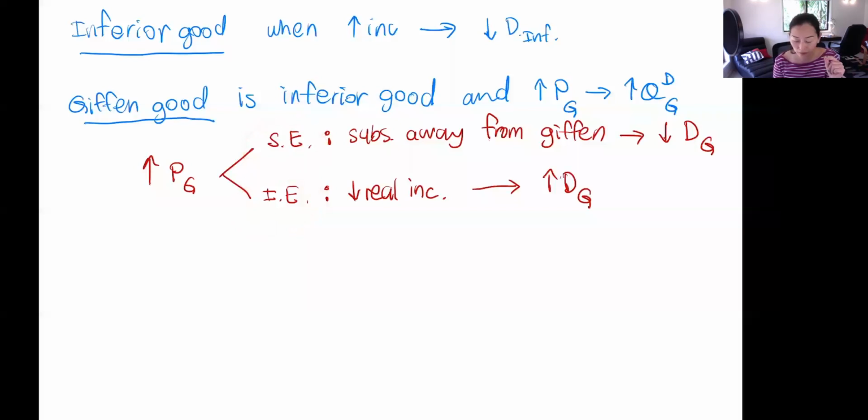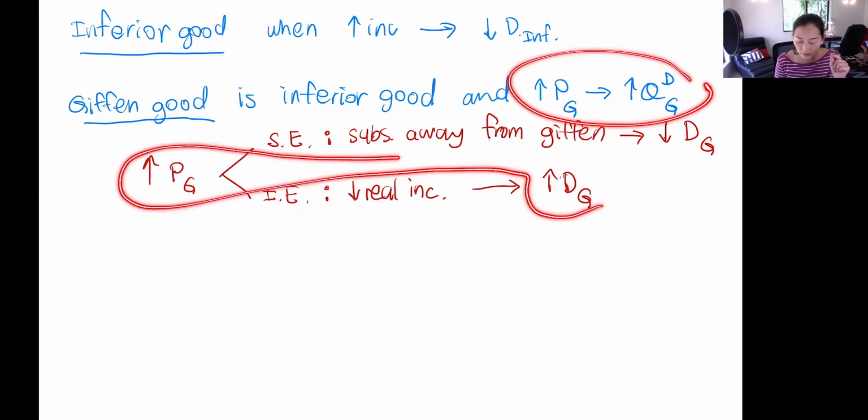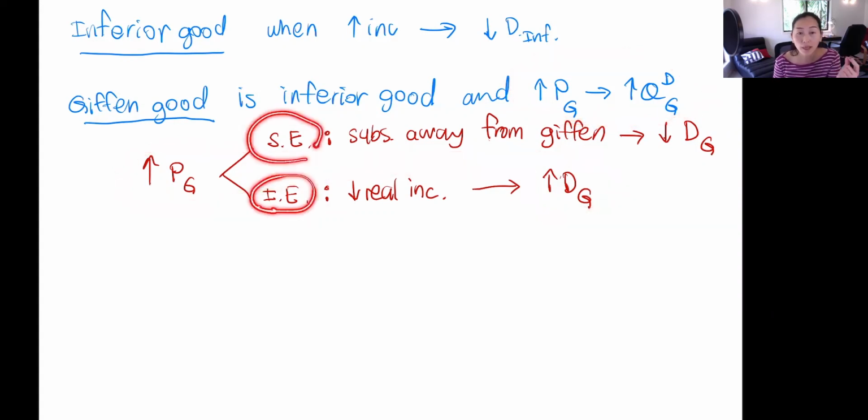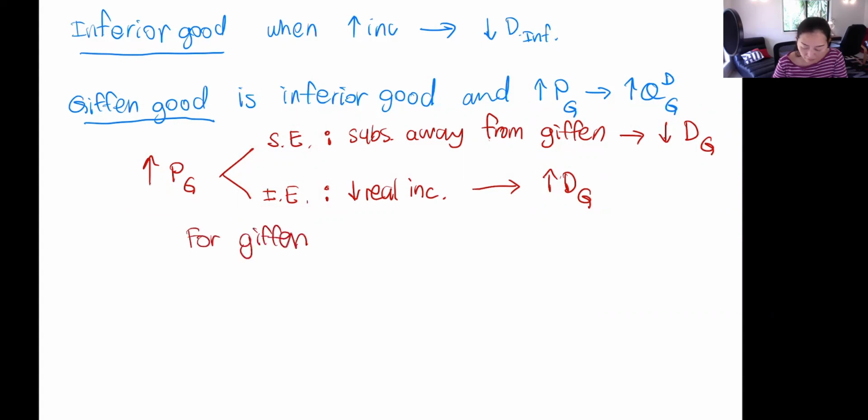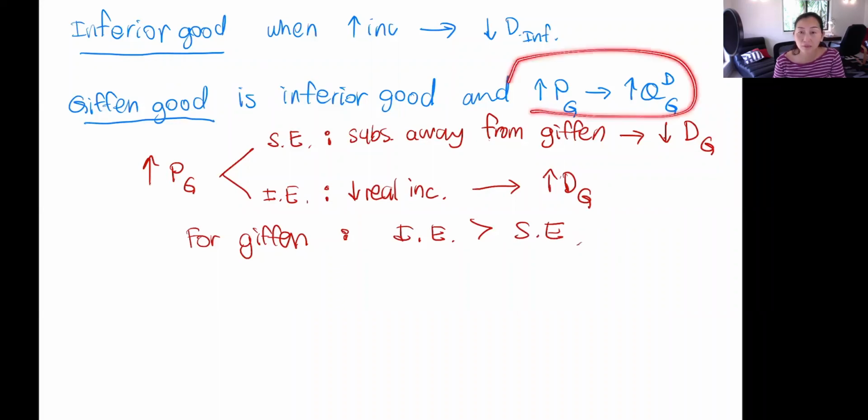That's why when the price of a Giffen good increases, the total effect is an increase in the demand for the Giffen good, because the income effect outweighs the substitution effect. For a Giffen good, the income effect is stronger than the substitution effect. That's why we observe the quantity demanded changing in the same direction as the price of the Giffen good.